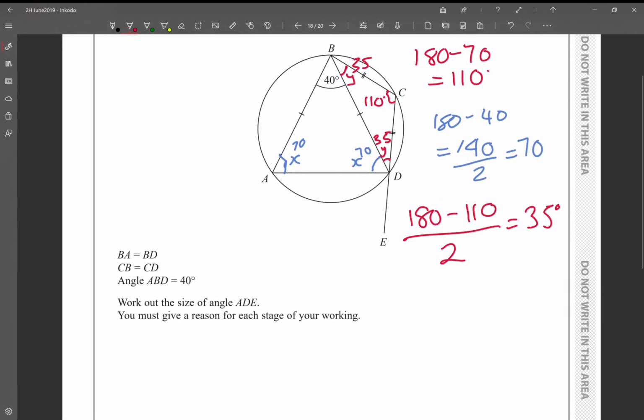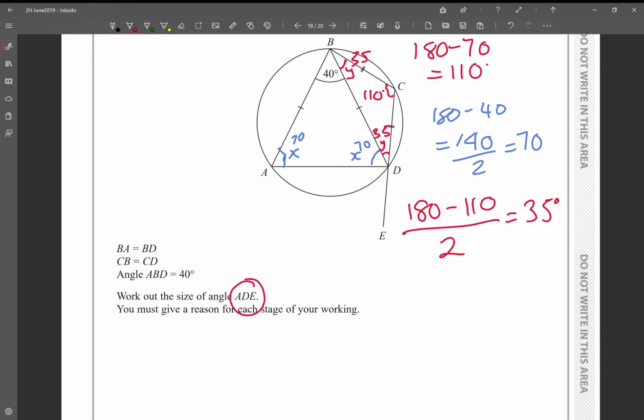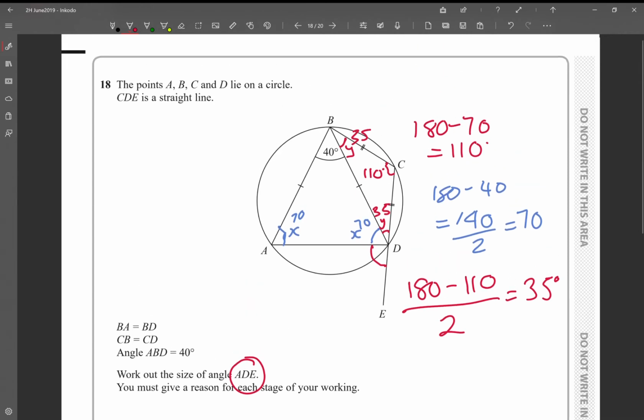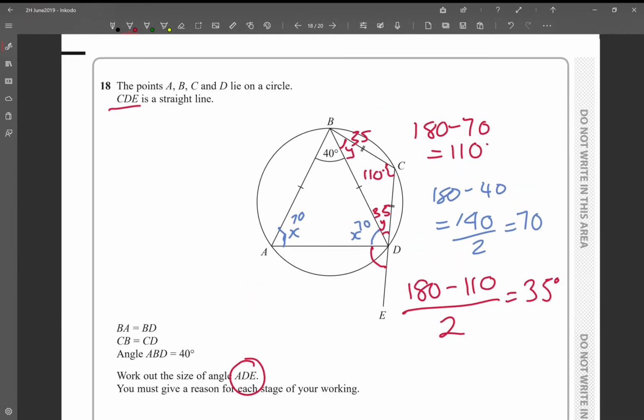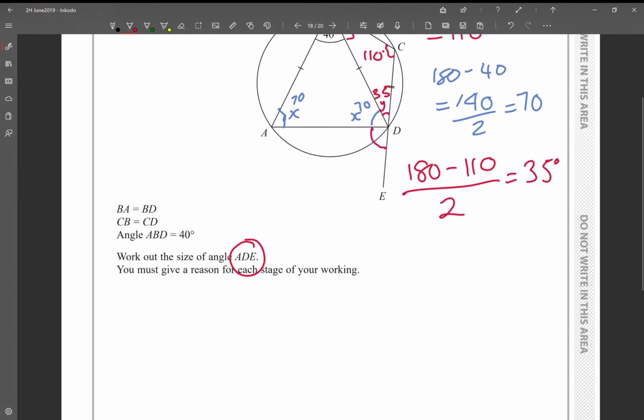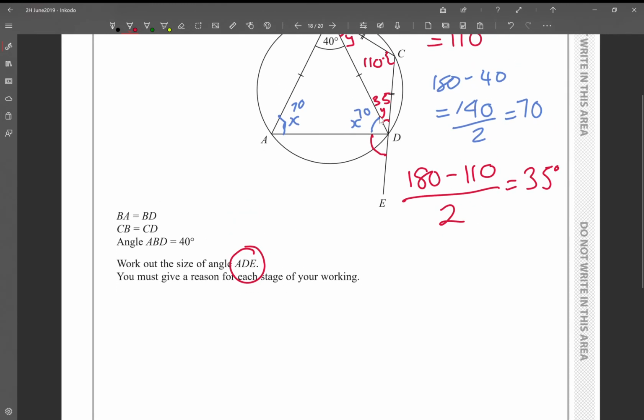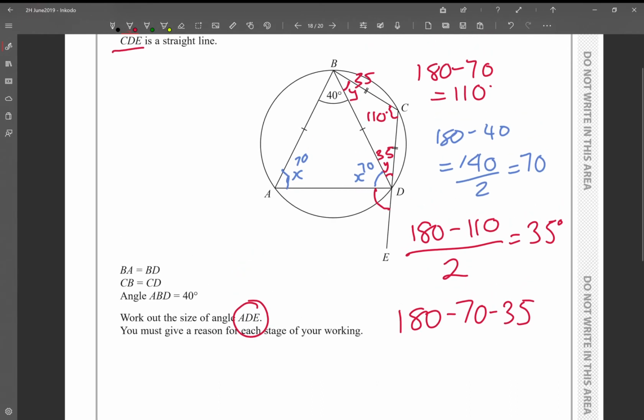So what is the angle we actually need? ADE is the angle we need. We actually need this one here. So this is just angles on a straight line now, because you've been told CDE is straight. CDE is a straight line. So you've got two of the angles, so the third one will be just 180 minus 70 minus 35. I'm not saying this is the best way to structure it, it's because I'm trying to show you the picture and write down.